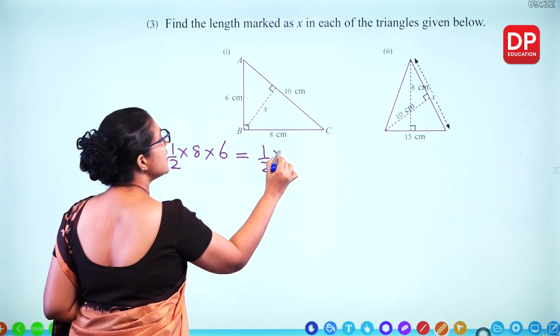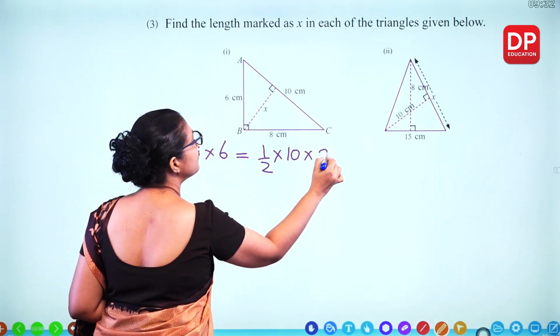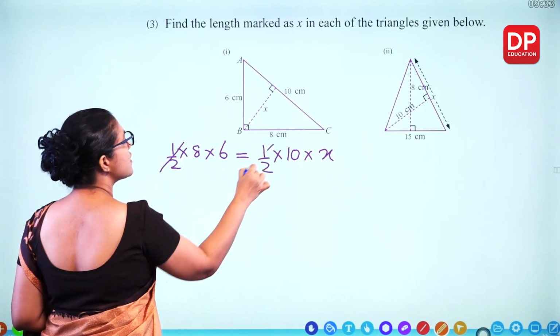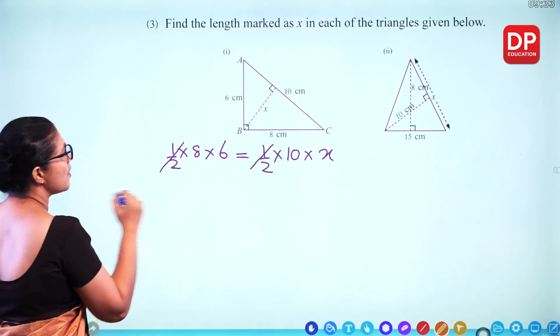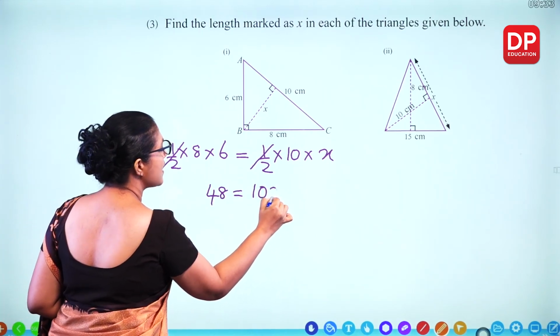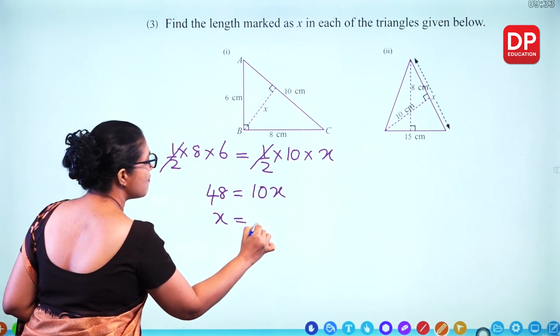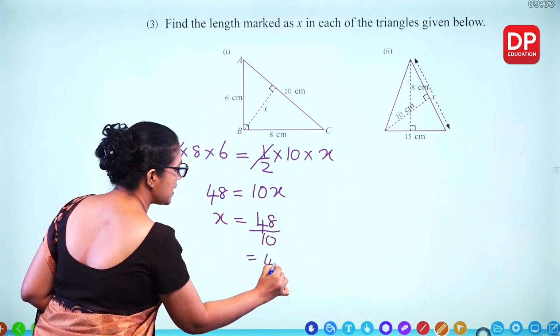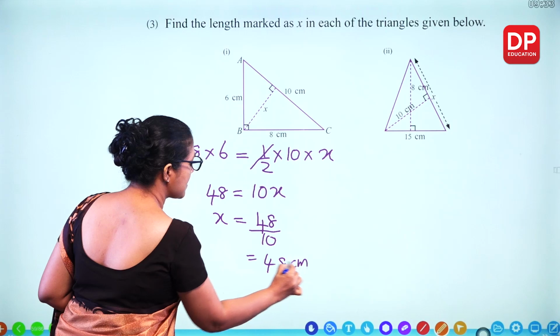Half times 10 times x. Now you can find x. Multiply by 2 both sides. You get 8 times 6, 48 is equal to 10x. So what is x? Divide both sides by 10. You get 4.8 centimeters.